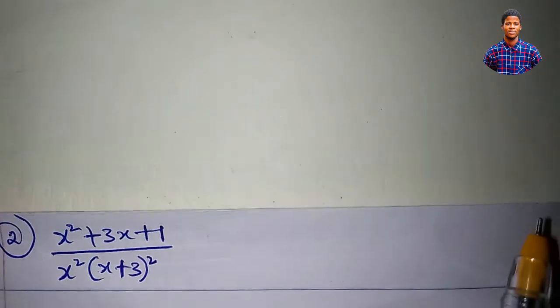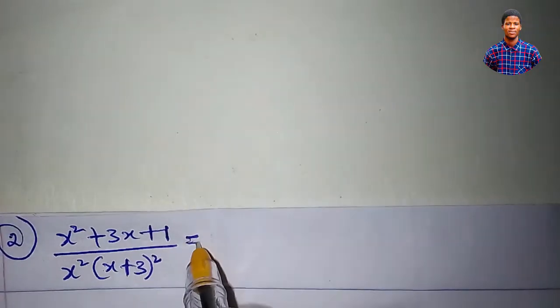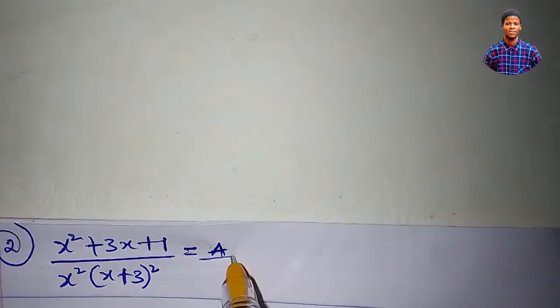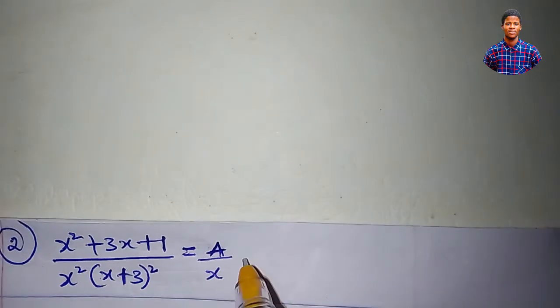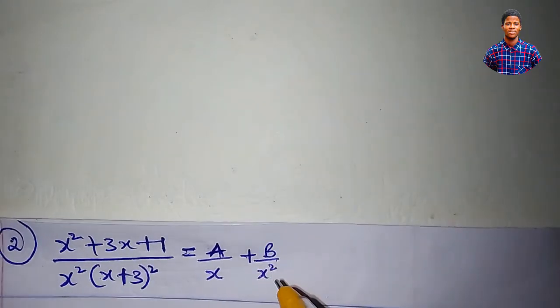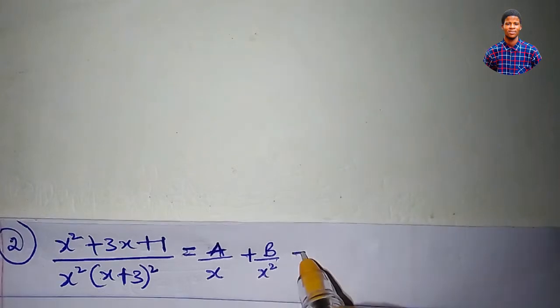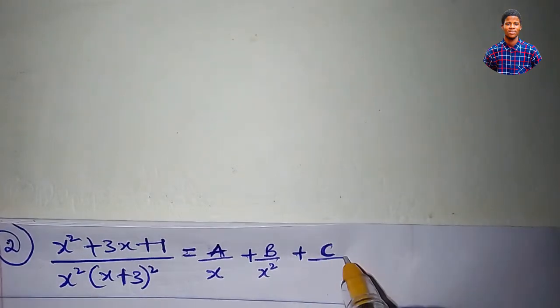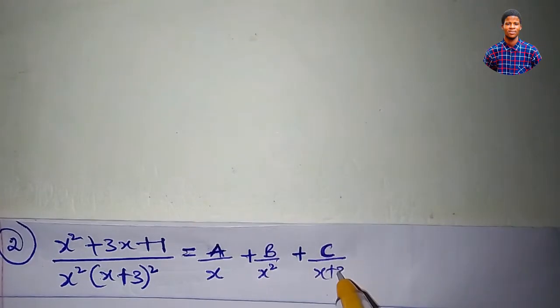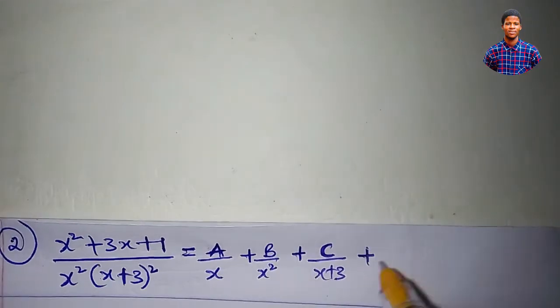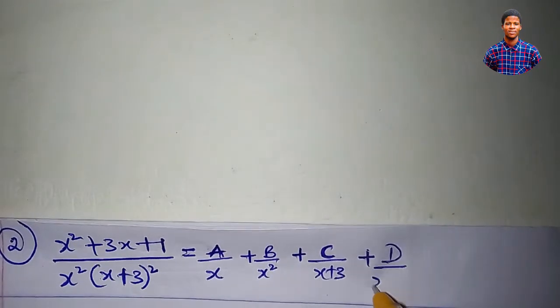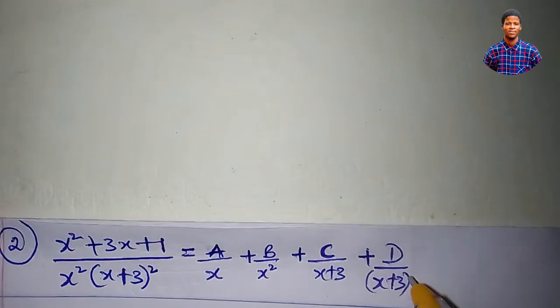So the decomposition is equal to a all over x plus b all over x squared, remember what we did earlier, plus c all over x plus 3 plus d all over (x plus 3) all squared.